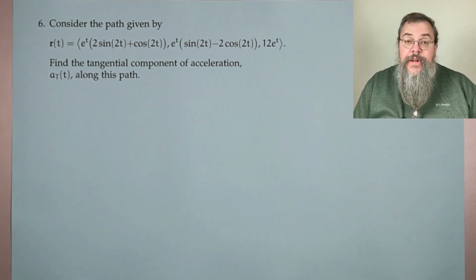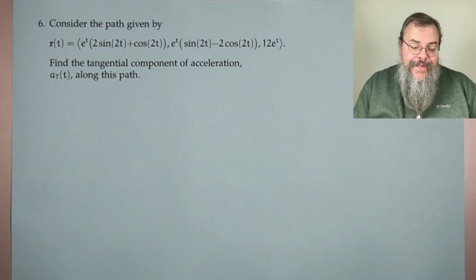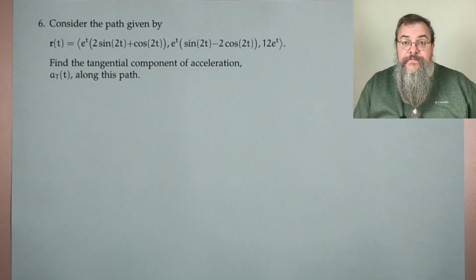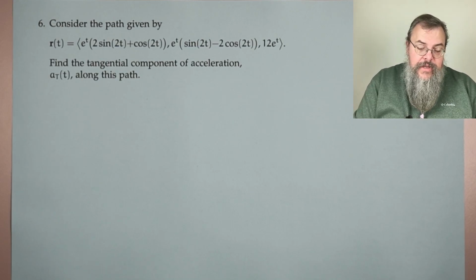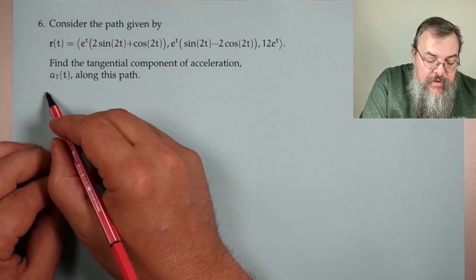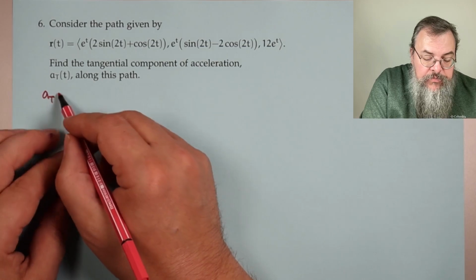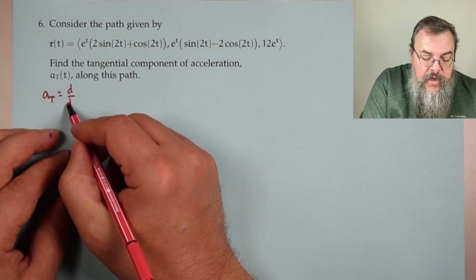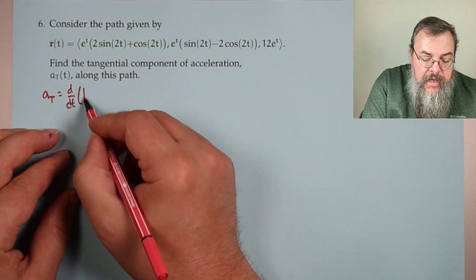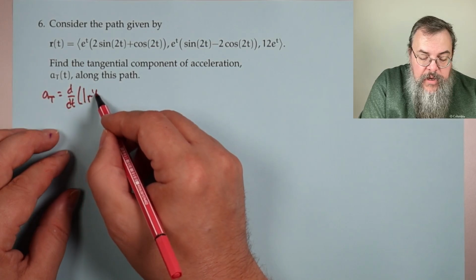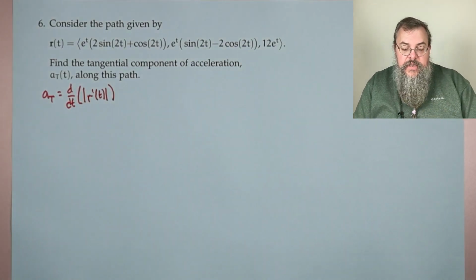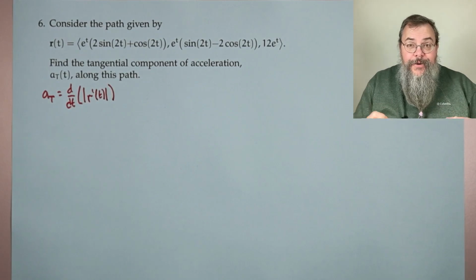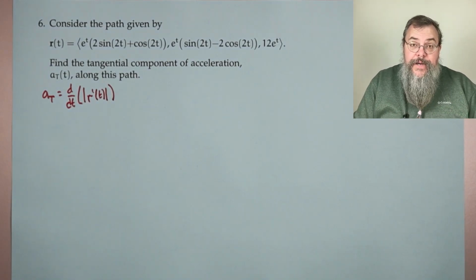Okay, now, how do we find the tangential component of acceleration? There's a couple ways to do it, but in general, the easiest thing to do is the following. Namely, say, look, a sub t, that's the derivative of the magnitude of r prime. Okay, so if we're after a sub t of t, that's our goal. Find that magnitude of r prime.